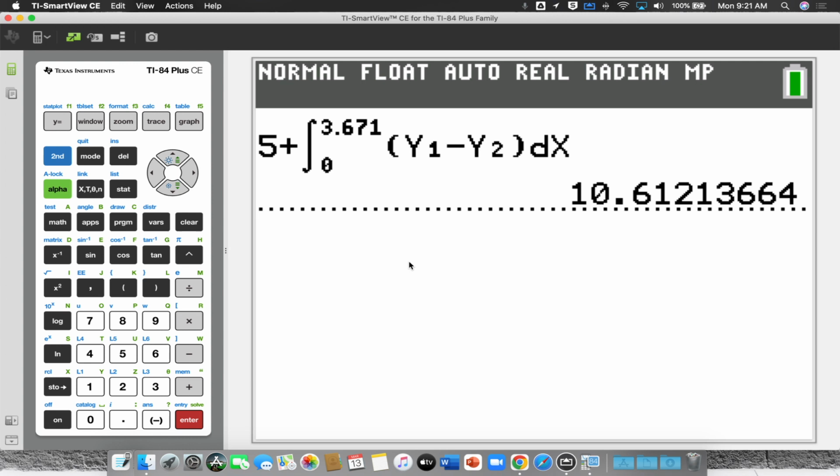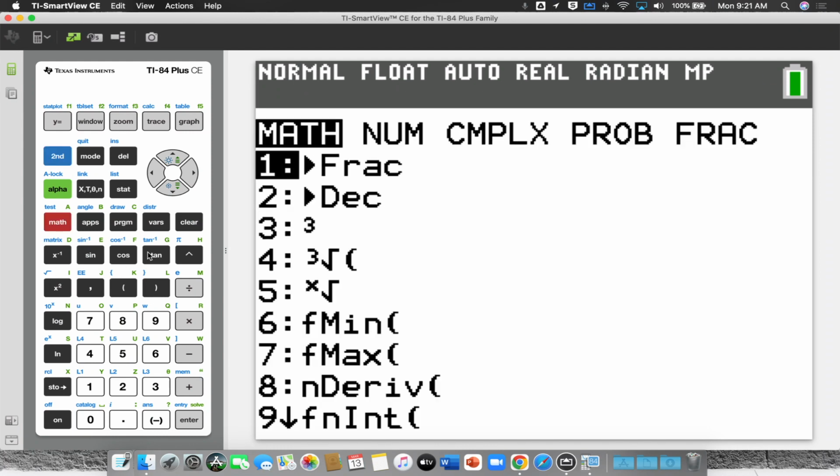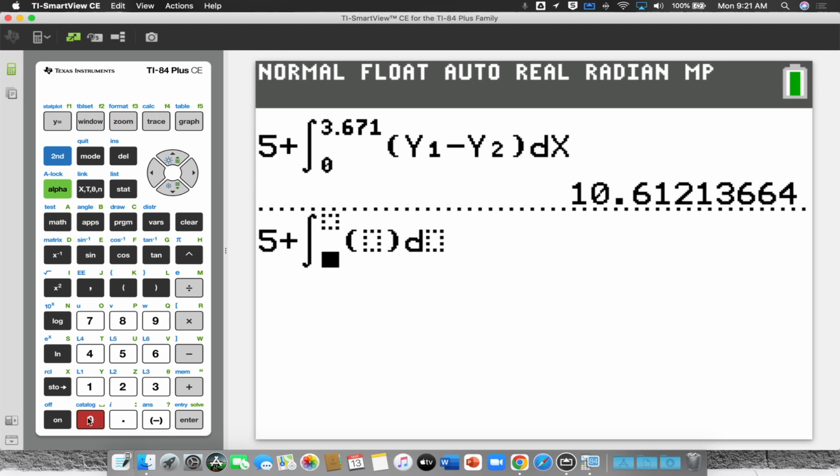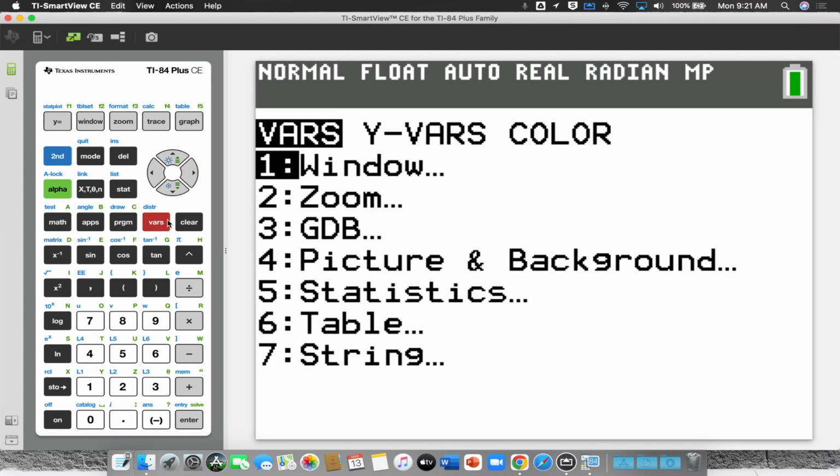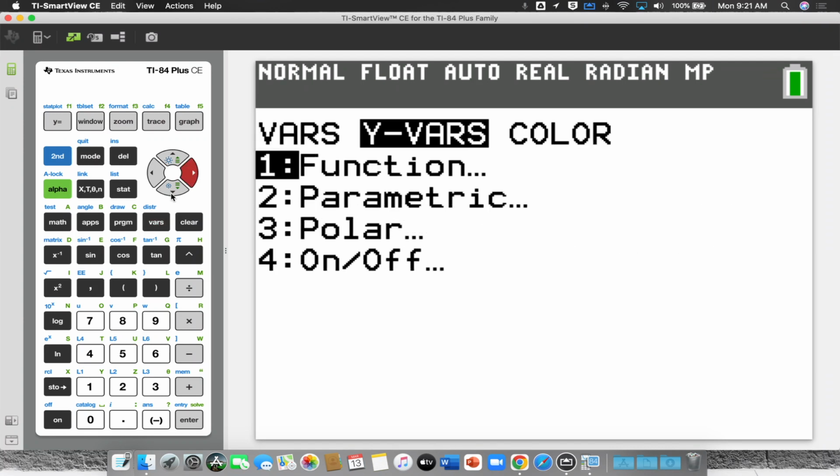Now let me do 5 and do the exact same thing. 5 plus the integral from 0 to 5 of y1 minus y2.